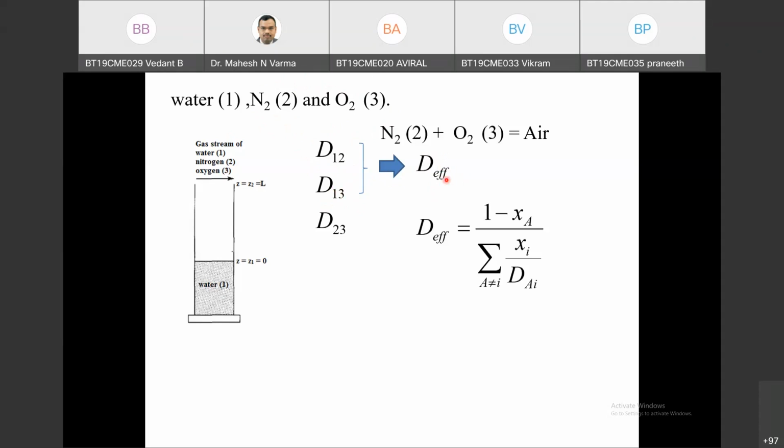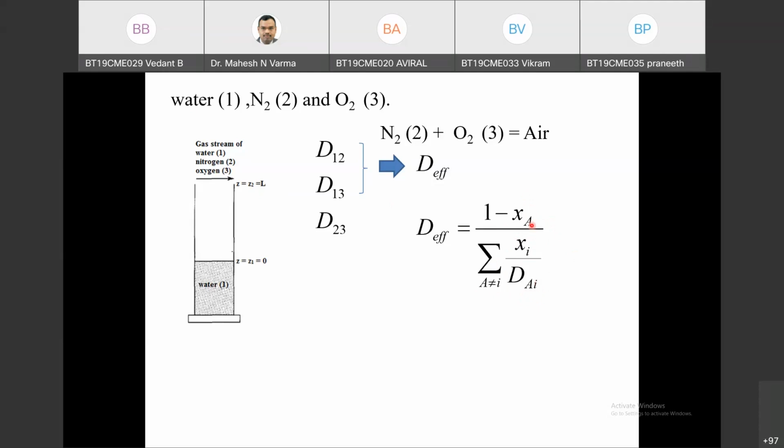One such equation is this. The effective diffusivity equals 1 minus XA, divided by the summation over i not equal to A of Xi divided by DAI. XA is the mole fraction of the species which is diffusing, and Xi is the mole fraction of the species in which it is diffusing.